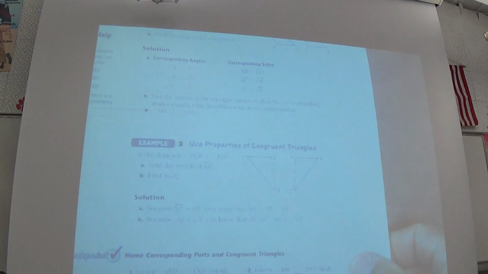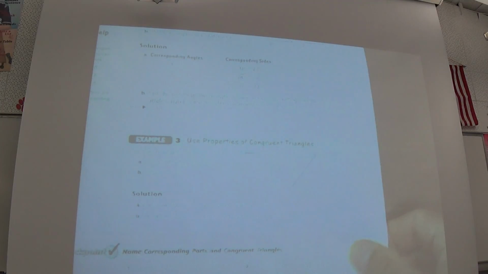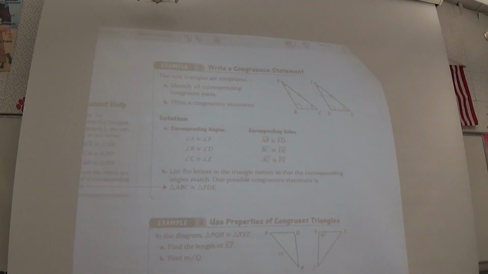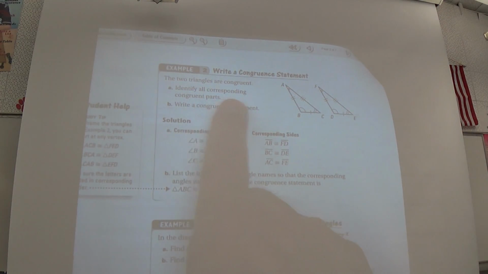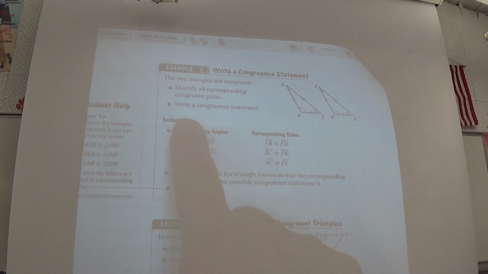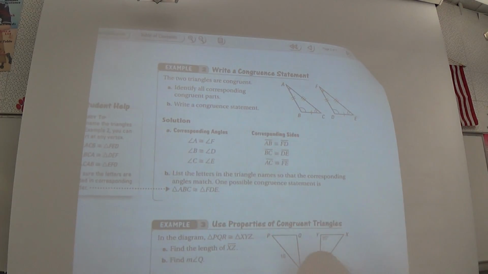Let's go to the next page. So again, they have two triangles that are congruent. They're telling you they're congruent ahead of time. It says identify all corresponding parts and write a congruency statement. What is a congruency statement?